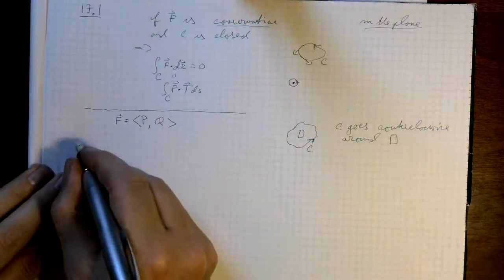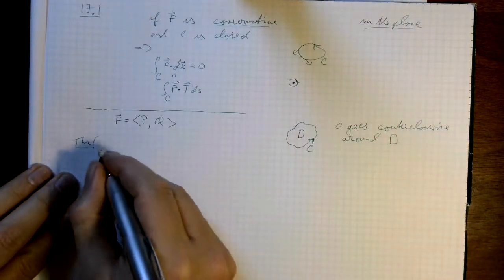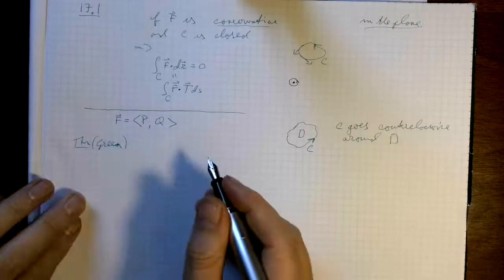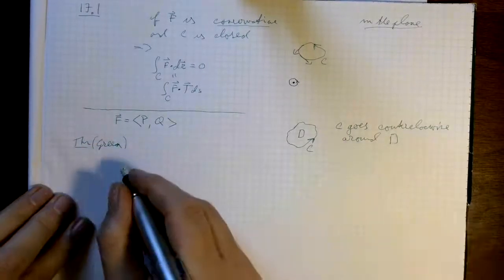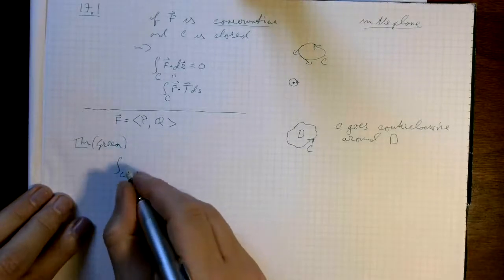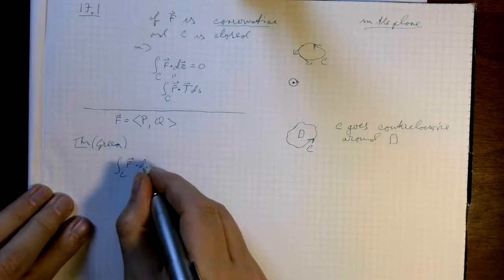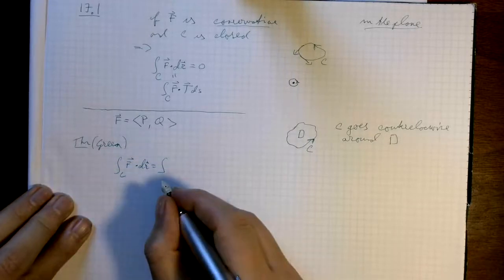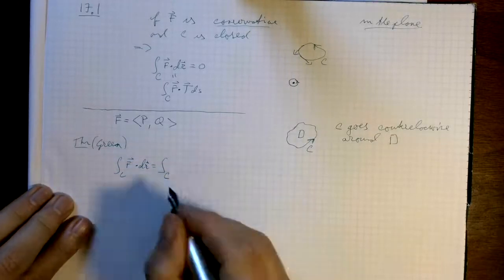So, what is Green's theorem? Green's theorem says that this integral, which you write first like this, is the same thing as the integral of P dx + Q dy. This is usually the more standard way of writing it.